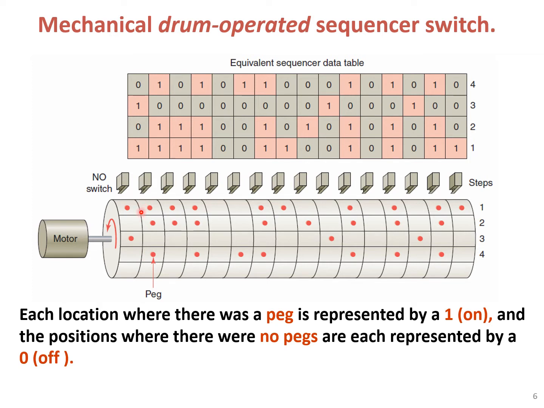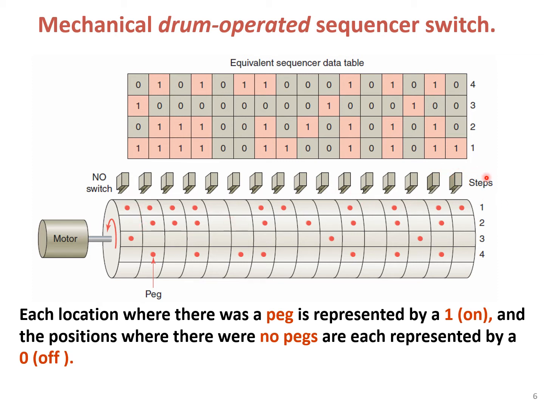And when these pegs come into contact with these switches, then the switch will be on or will be activated, and when the switch passes these pegs and is in the plain area, the switch will go to the off state. So you see how it operates.